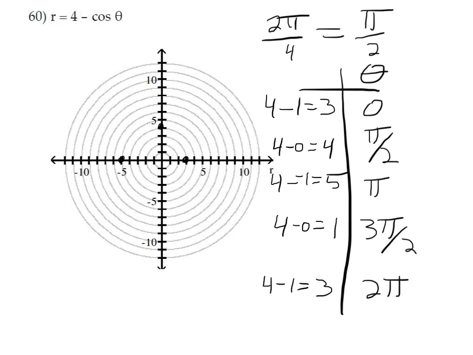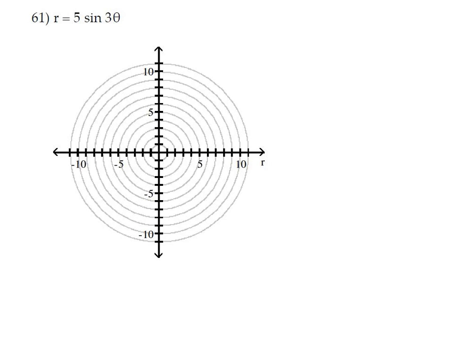In the 3 pi halves direction, walk out 4. And then in the 2 pi direction, walk out 3. And we actually end up with a circle. And the center would be right here. So that should be a perfect circle. Great. We're going in this direction.